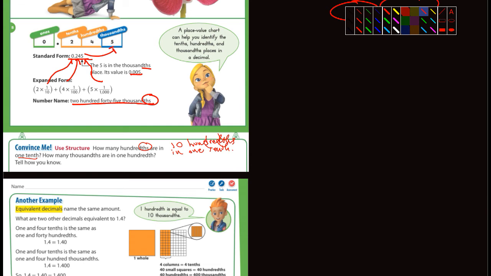And then I'd ask how many thousandths are in 1/100th. And again, it would be 10 thousandths in 1/100th.